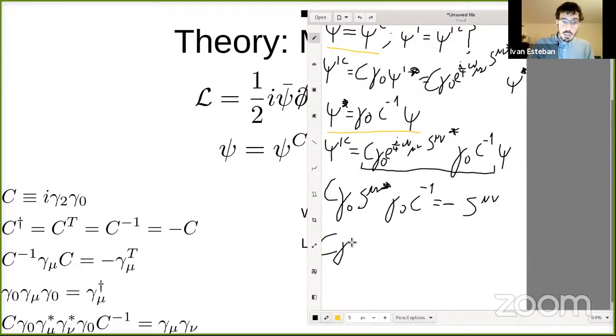Now this property implies that C gamma 0 S mu nu complex conjugate squared, times gamma 0 C to the minus 1, is the square of this. Here I just take the equation above and take the square of it. Remember that gamma 0 squared is the identity.